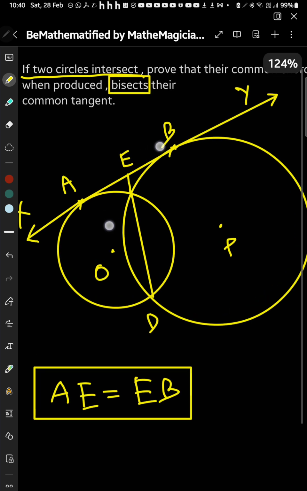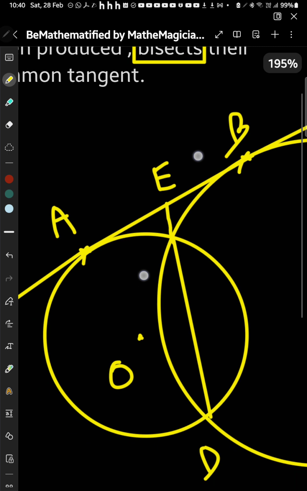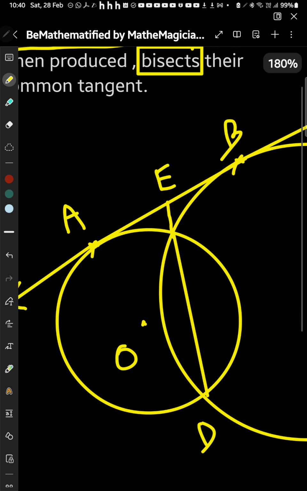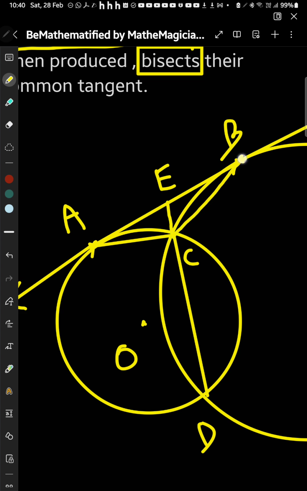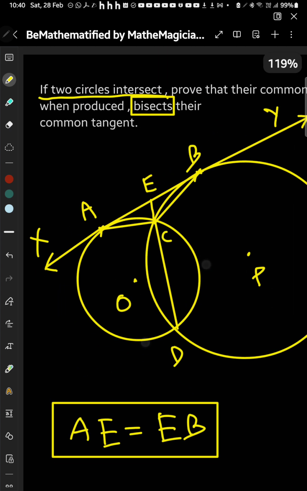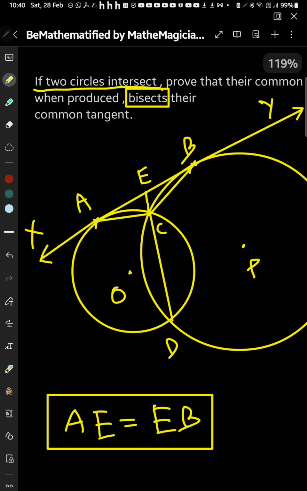So let us zoom it out a bit. I need to prove that AE equals EB. Let's join, say this is C. Let's join them. Now this is a tangent.